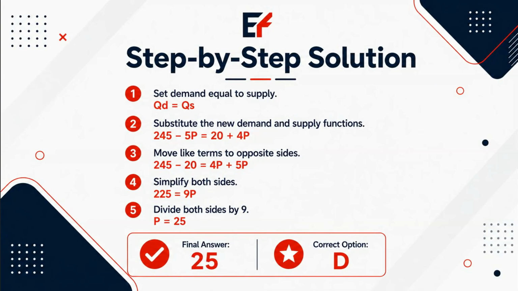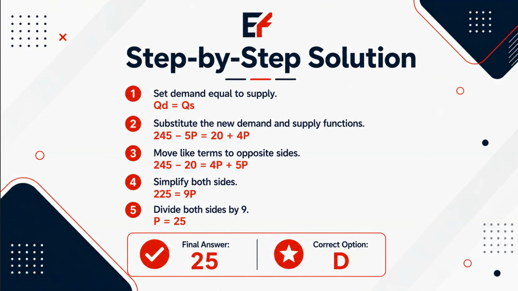Let's solve the new equilibrium directly. Equilibrium occurs where quantity demanded equals quantity supplied. Using the new demand function, set 245 minus 5p equal to 20 plus 4p. Next, move the numbers to one side and the price terms to the other side. 245 minus 20 gives 225, and 4p plus 5p gives 9p.